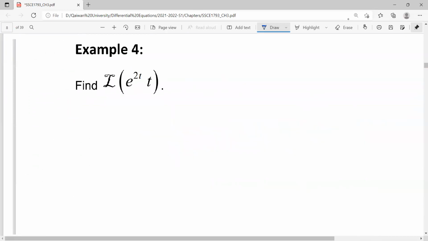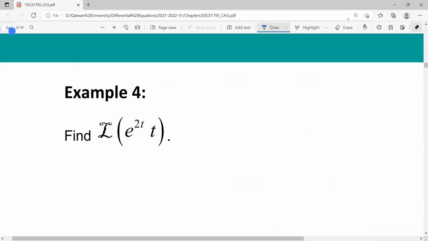We now have an example. Here, what's f of t? f of t is this one, and e to the power at is this one.